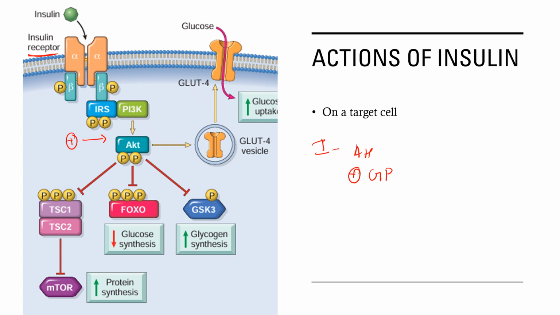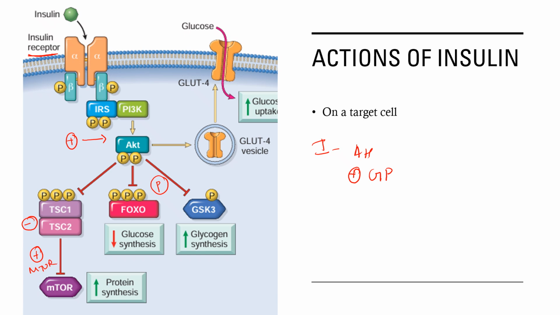AKT is a protein which usually shows its effects through phosphorylation. So it acts on the various proteins as you can see here. Now it acts on the TSC protein, wherein AKT inhibits this TSC protein and that would lead to activation of the mTOR complex.